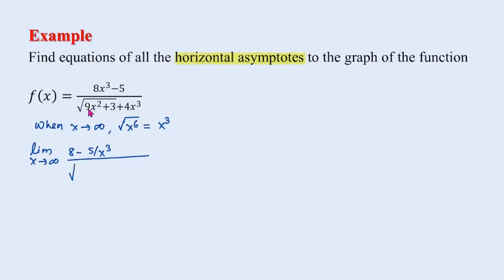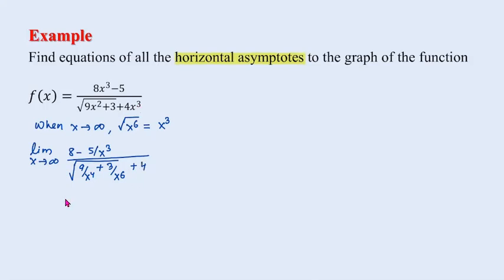So when you divide this by x to the 6, 9x squared divided by x to the 6 is 9 over x to the 4, plus 3 over x to the 6. And then plus, this one is outside the square root, so when you divide by x cubed, that will be 4.